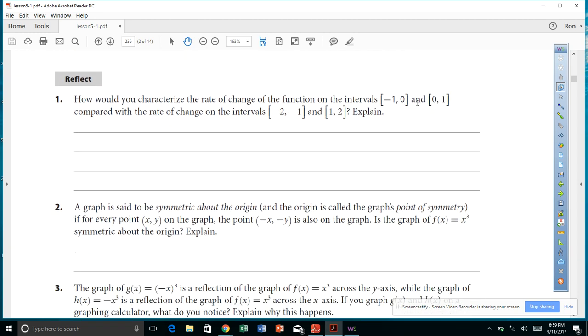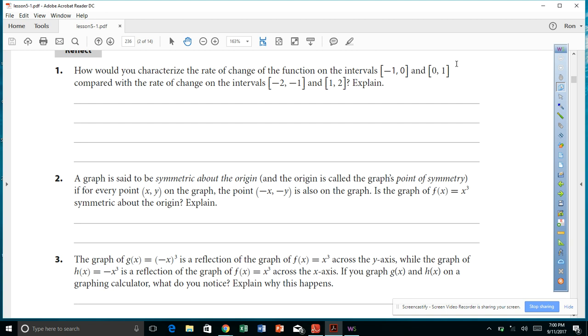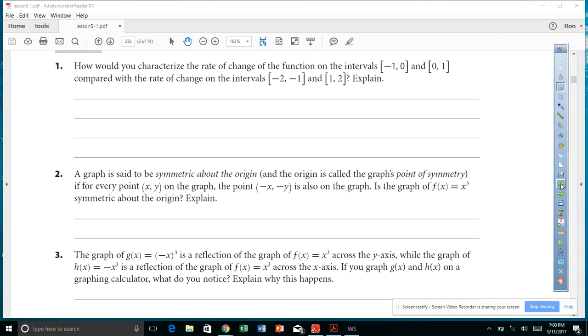How would you characterize the rate of change of the function on the intervals -1 to 0 and 0 to 1, compared with the rate of change on the intervals -2 to -1 and 1 to 2? Explain. Well, let's go back and look at this.